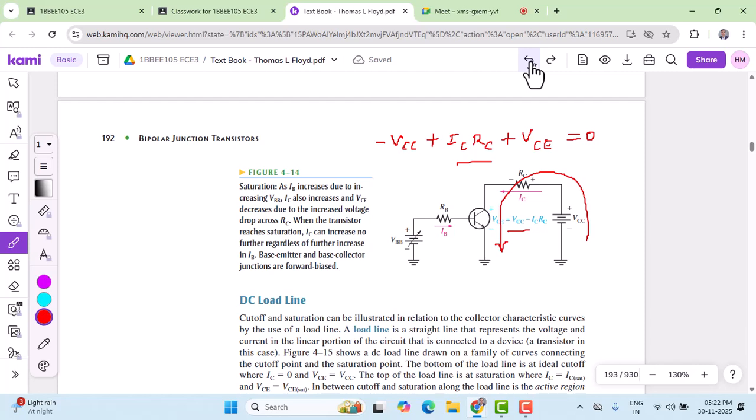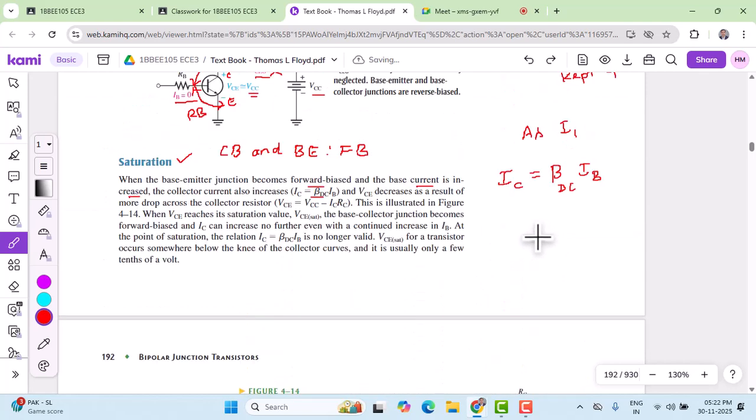I assume that now you are aware of the equation shown here. So now we have this equation, VCE equals VCC minus IC RC, and let us take the same equation over here.